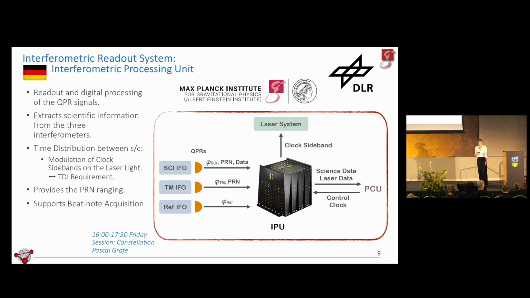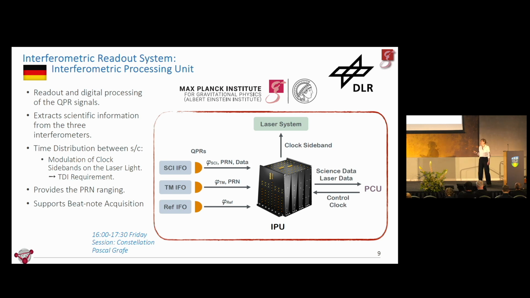IPU is being developed by the Max Planck Institute in Hanover, Germany, with the support of DLR, so German space agency. So IPU extracts the phase information, so actually the scientific readout, from this photocurrent, and sends it further to the phase meter control unit.